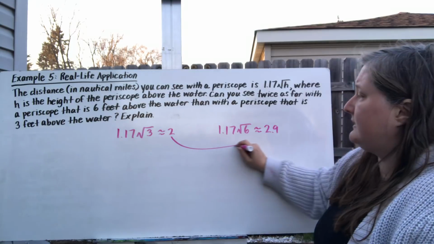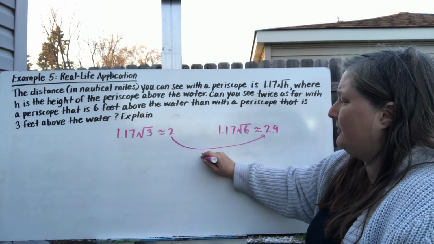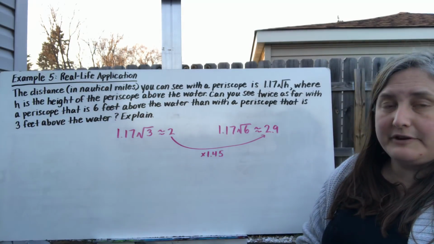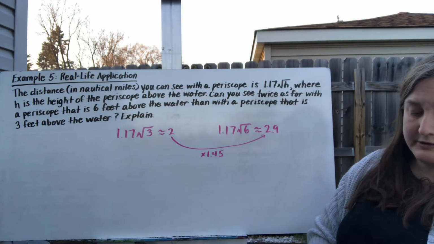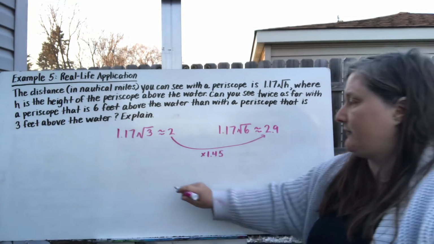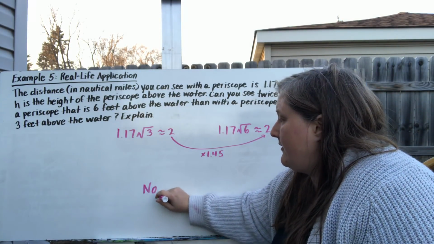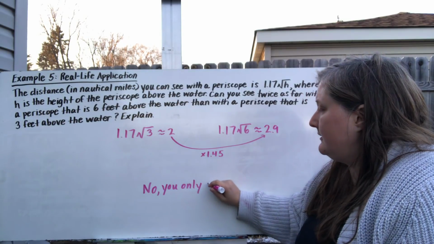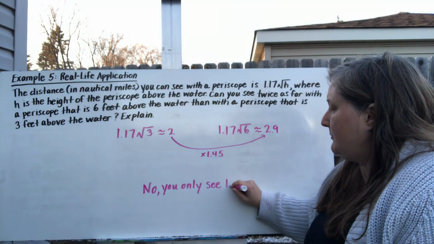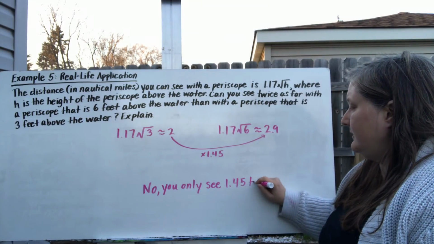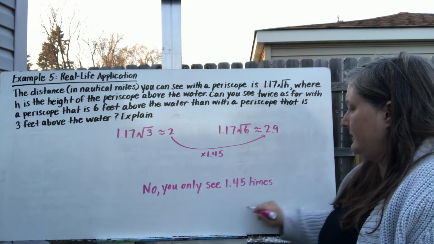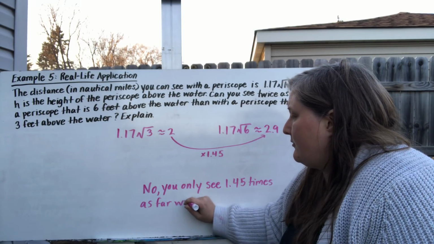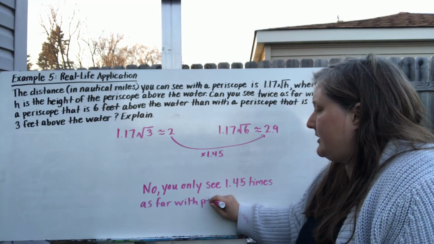So to get from 2 to 2.9, I'm multiplying by about 1.45, definitely not twice as far. So no, you can't see twice as far. You only see 1.45 times as far with the periscope 6 feet above the water.